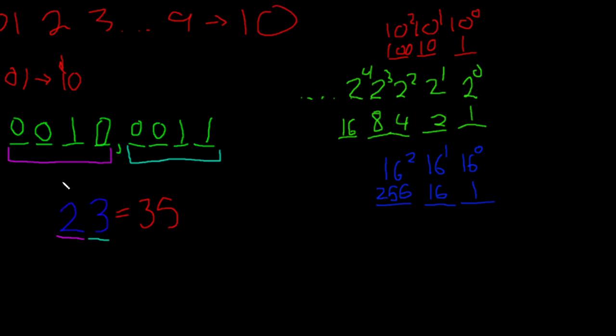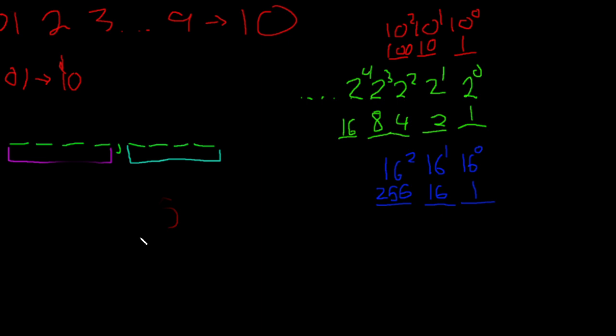Even if you have something like, what do we go with? Like, if you have A, E. I have no idea what that is in base 10.